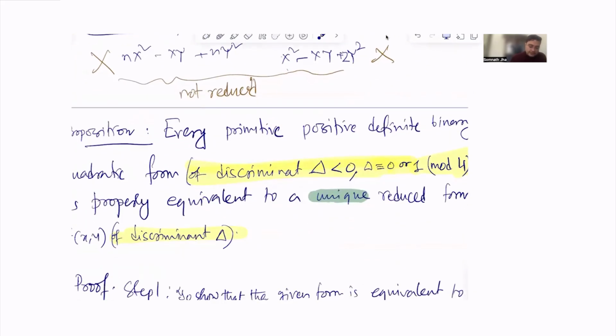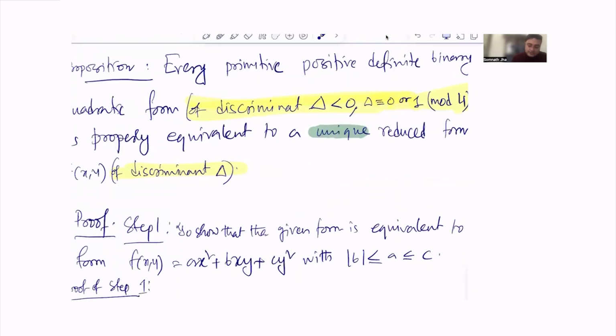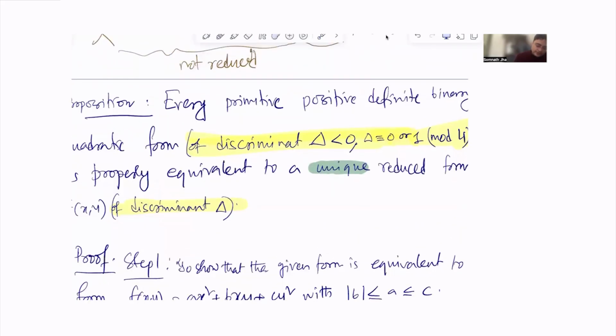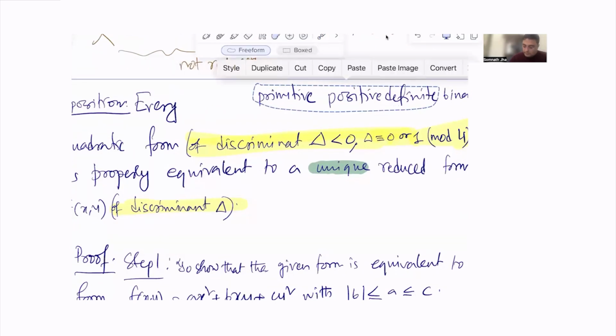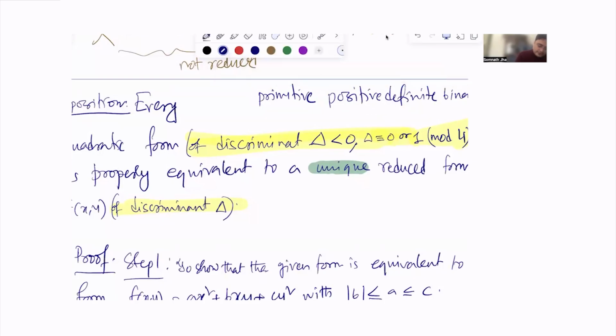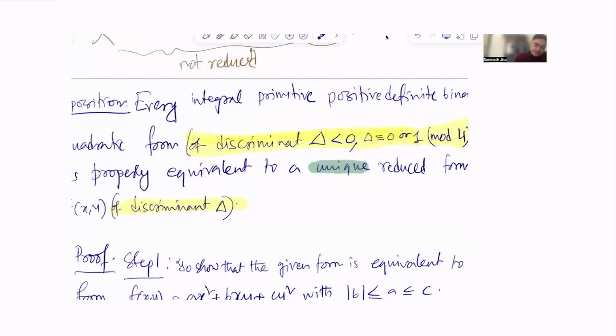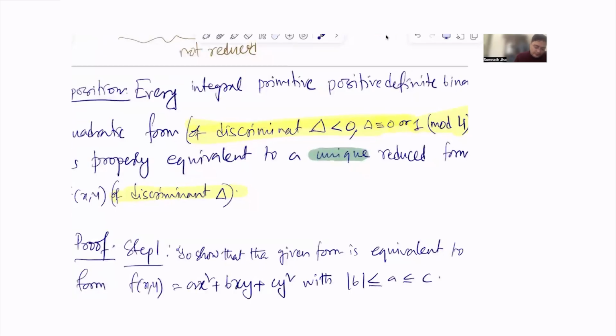So the main result we discussed last time is that every integral positive definite binary quadratic form of discriminant Δ is properly equivalent to a reduced form of discriminant Δ.